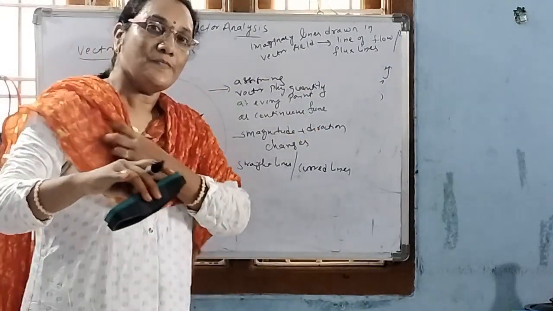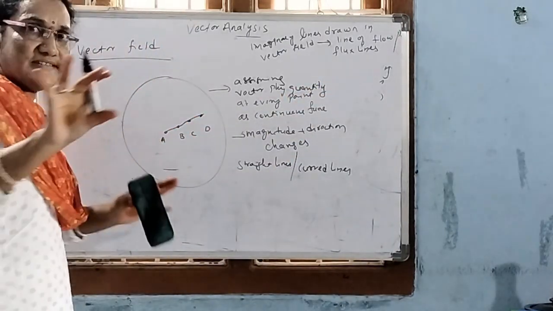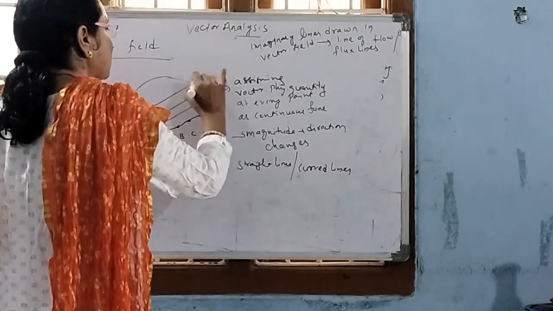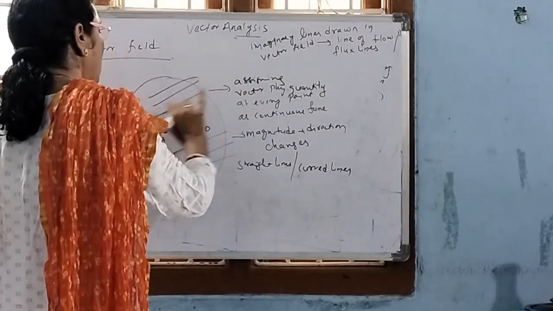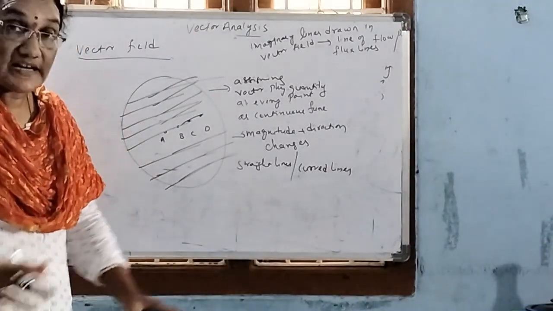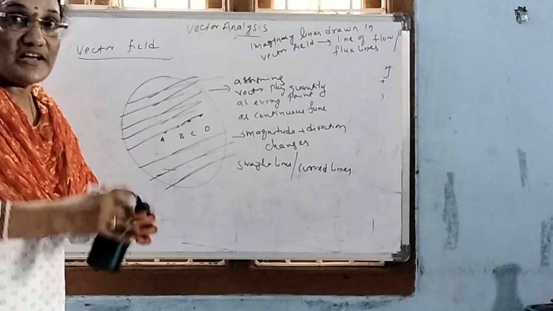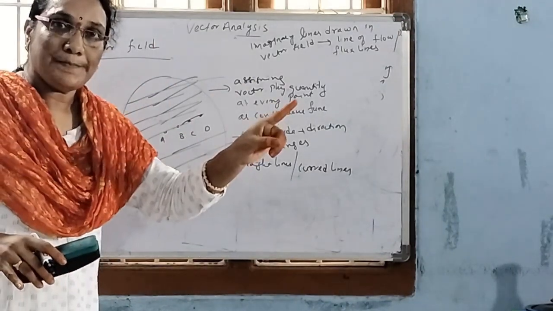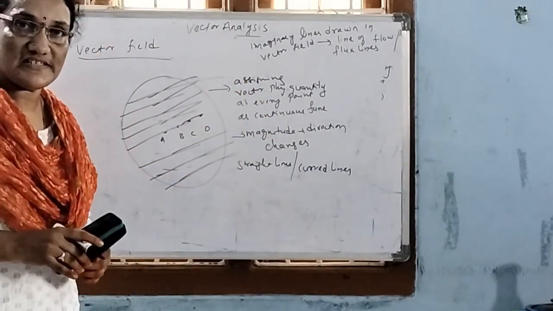This is the definition of flux lines. So we can say that a vector field consists of such flux lines. It is the combination of lines of flow or flux lines. What are flux lines? Nothing but the imaginary lines drawn along the path of the vector quantity.